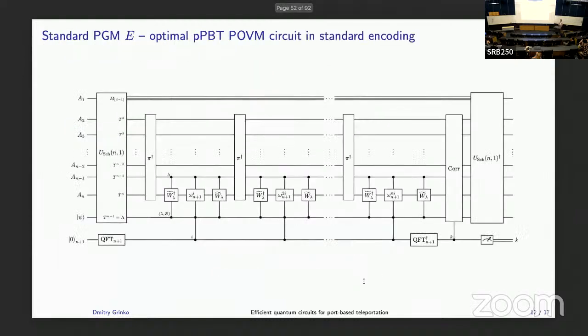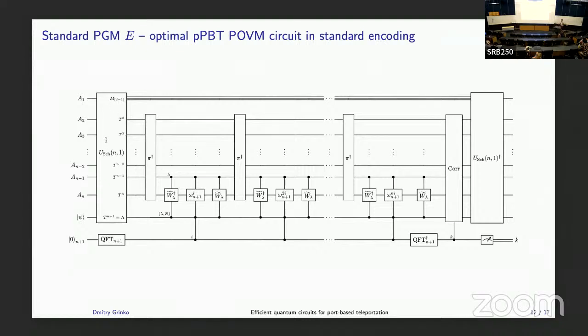So the total resultant circuit for standard PGM will look something like this. On the left, we start with n+1 qubits. This A1 through AN are ports, and this state psi is the state which Alice wants to teleport. Then you need to go to the mixture basis.